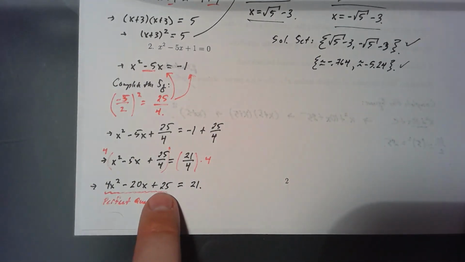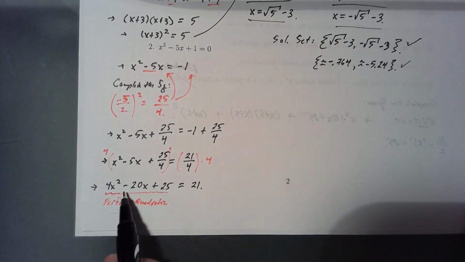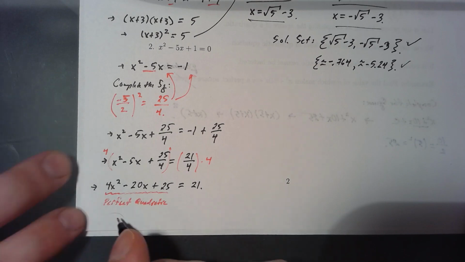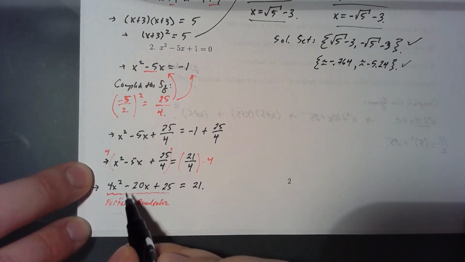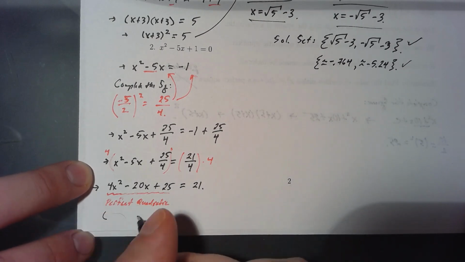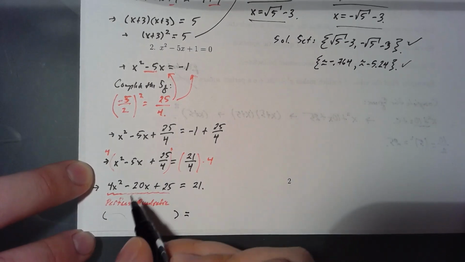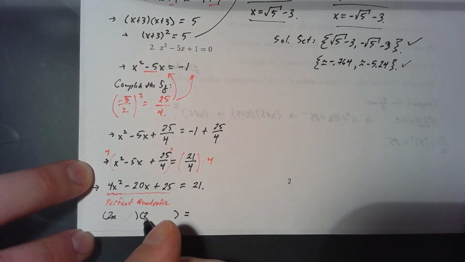What are the same factors of 25? 5 and 5. Beautiful. The middle term's negative, so that means the terms in both of them need to be negative as well. If you factor this with the AC method, you'll get the same result. I'm just going through this a little more quickly because you should be a pro at that by now. When you factor this, you're going to get 2x, right?